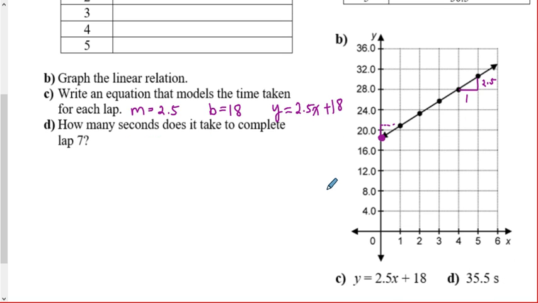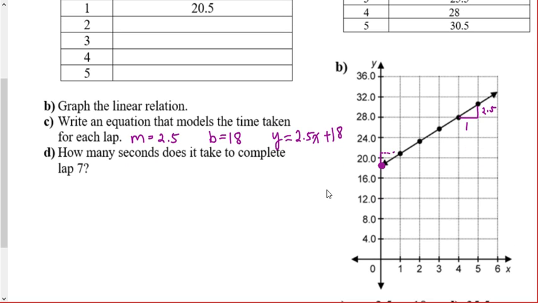So if I want to figure out lap 7, I can use my equation. What I can do is I can take my equation, and where that x is, I can put in a 7. And I can actually do this to figure out the time for any lap he's going to do. So it allows us to make predictions about stuff really easily.